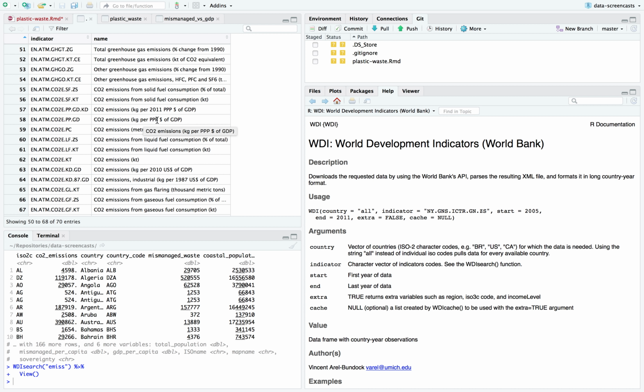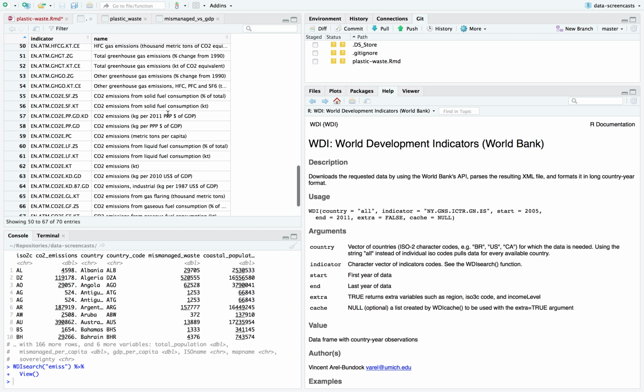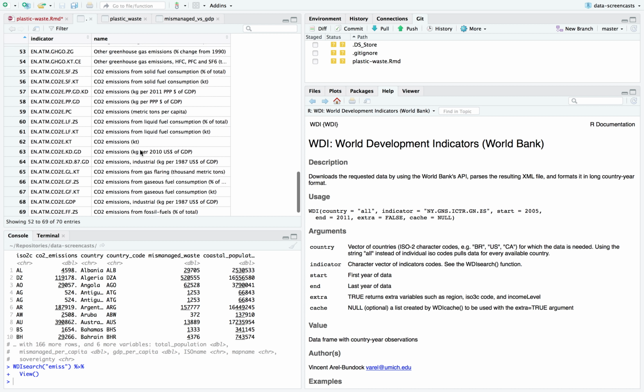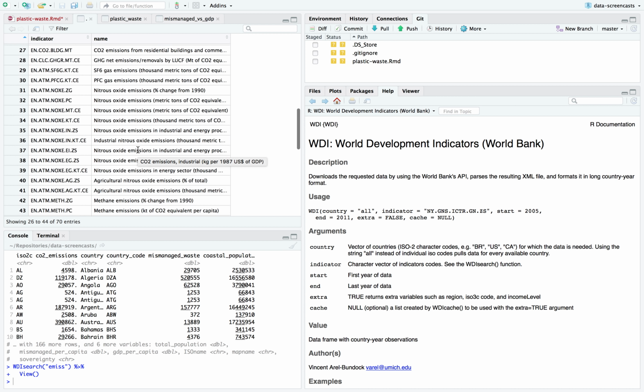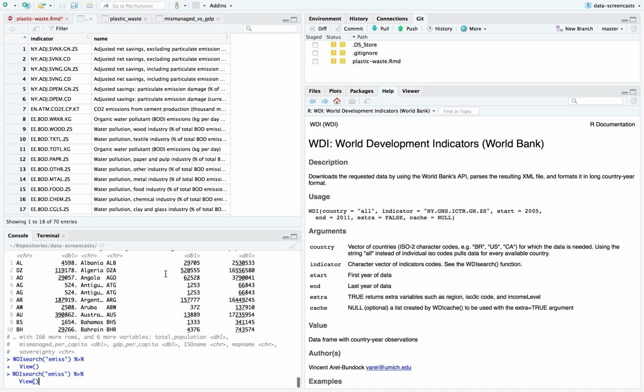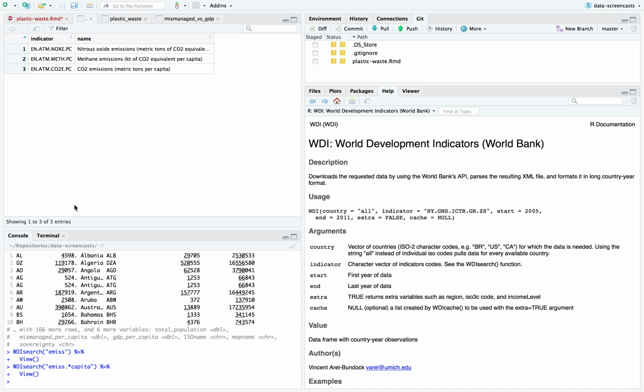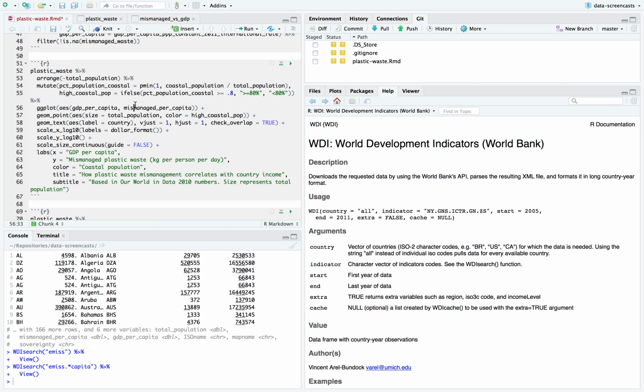Wow, there's per person, per something of GDP. That's curious, I'm not going to do that. Other people are thinking along similar lines, but I just want to have CO2 and the word capita. Metric tons per capita. All right, that'll do.